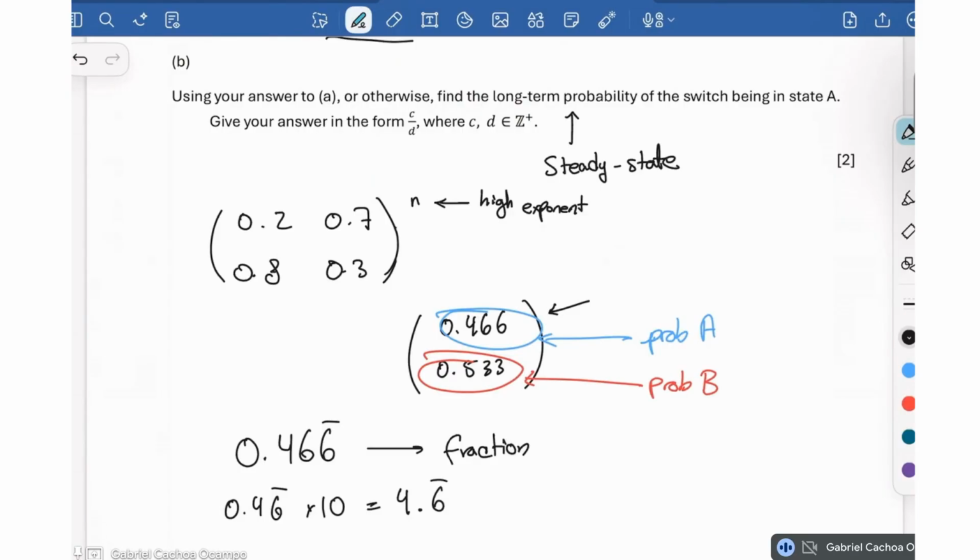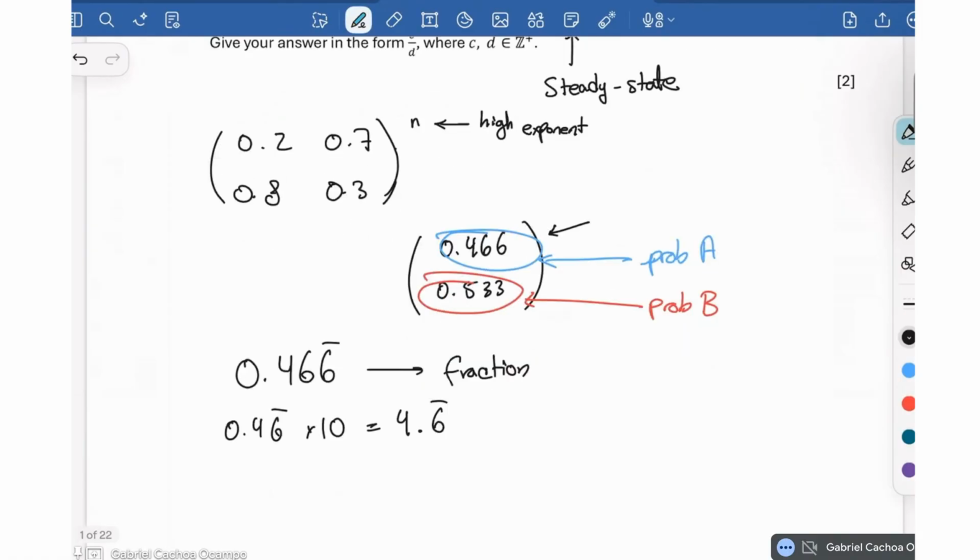And do you agree that this is the same as 4 wholes plus 2/3? So that means 4 wholes plus 2/3 divided by 10 is the same as 0.46.